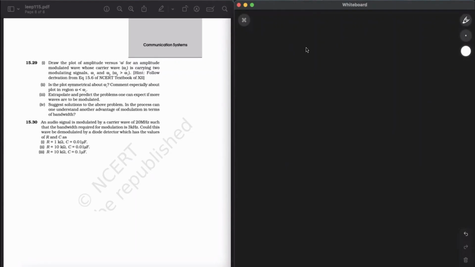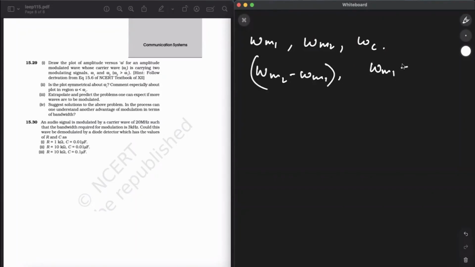So the frequencies that are present are omega m1, omega m2, and carrier frequency omega c, omega m2 minus omega m1. We are just taking the different frequencies that we have in the sine or cos form, right? Omega m1 plus omega m2.